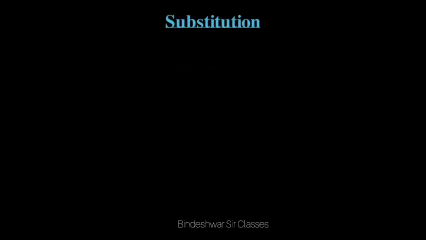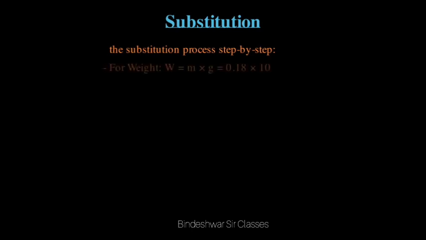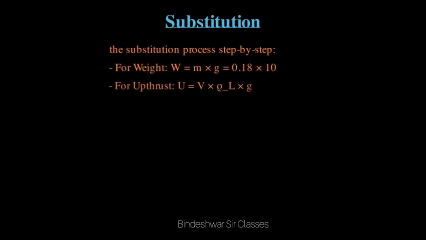Let's start substituting our values into the formulas for weight and upthrust. First, the weight W is simply mass times gravity. So, W equals 0.18 kilograms times 10 meters per second squared. Next, the upthrust, U. The formula for upthrust is the volume of the displaced liquid times the density of the liquid times gravity.